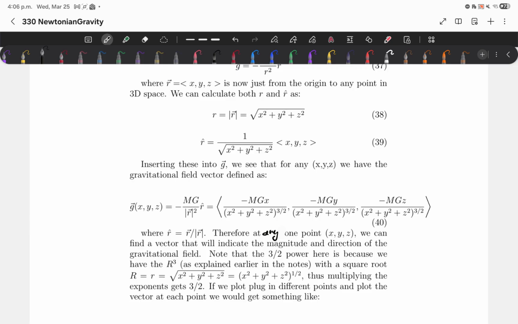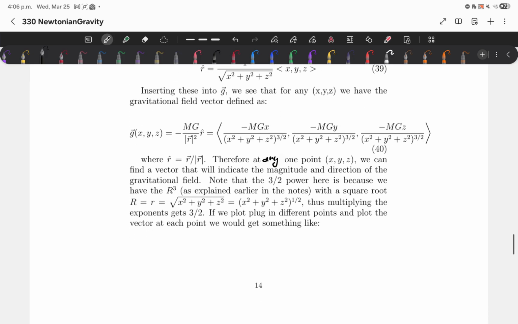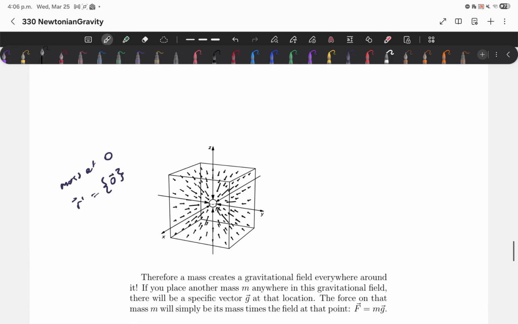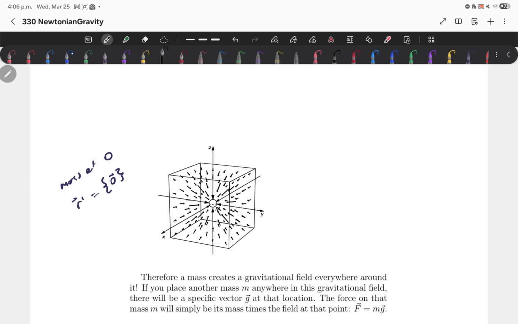So let's take this equation and plug in a bunch of random numbers. We get something super cool. Here's a 3D grid of what the gravitational field looks like. Everywhere close to the mass, we have larger vectors. If you're very close to the mass, the gravitational field vector will be large. The further away you get from the Earth, that vector will get smaller and smaller the further you go.